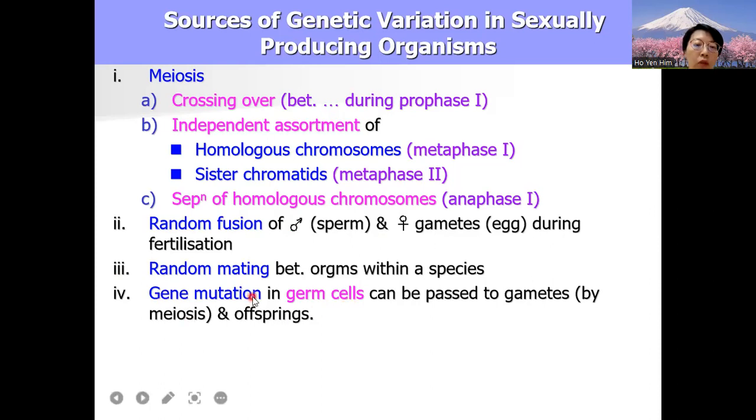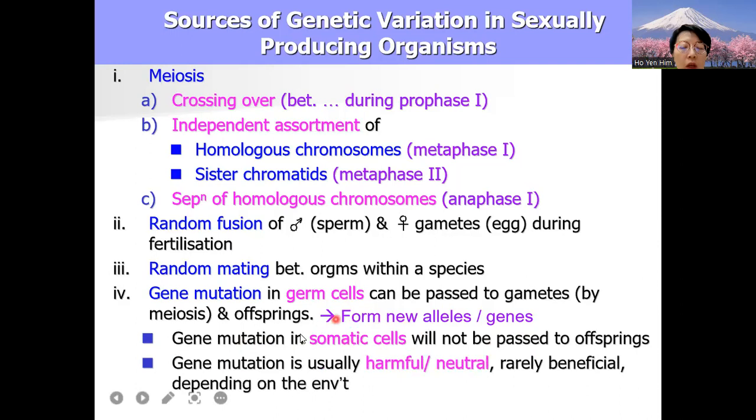So gene mutation is another source of genetic variation, because it gives rise to new alleles or new genes for that population, for that species.